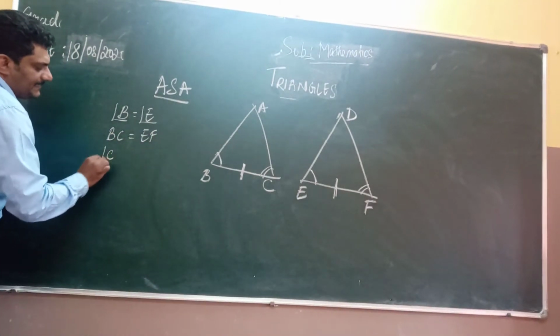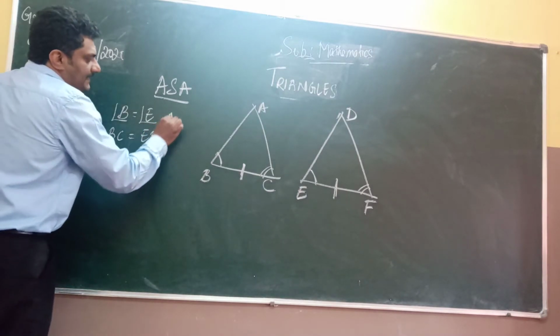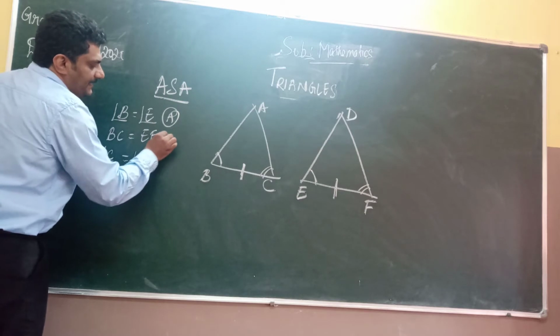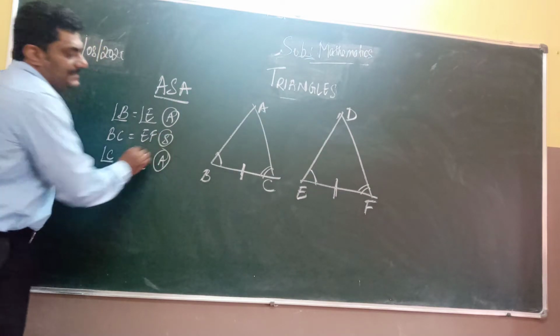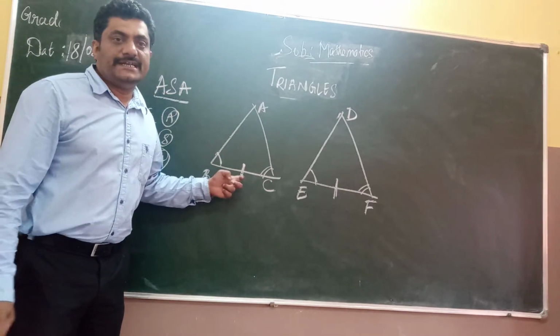And then angle C should be equal to angle F, which says that angle side angle. That means two angles and an included side.